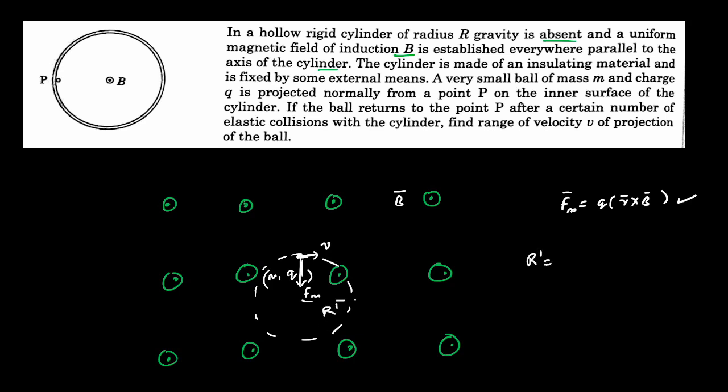The radius of this particular trajectory is given by mv by qB, where m is the mass of the charged particle, v is the speed with which you are projecting, q is the charge, and B is the magnetic field at that place. We are using this one, and also we should know the time period of revolution will be 2 pi m by qB, or simply we can write it as 2 pi by omega.